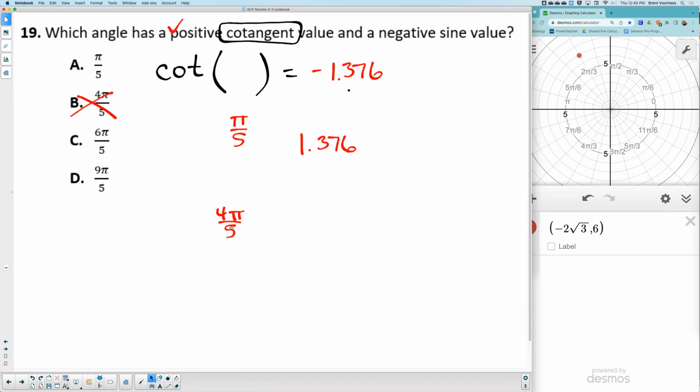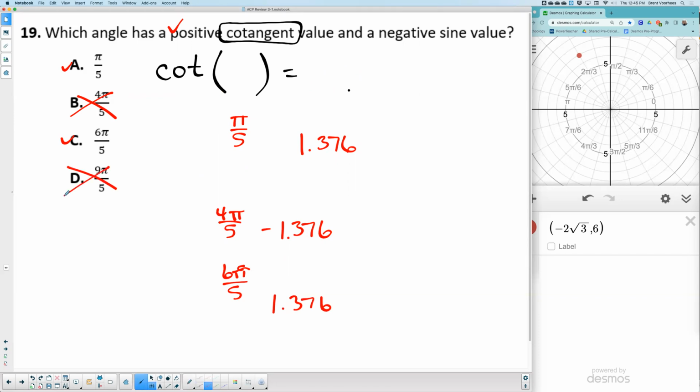Okay, what if we tried C, 6 pi over 5? What did you get? Good or bad? Good, so C is still in the running. These two are possibles. And then D, negative 1.376, so is D any good? No, and so now you can just go and try sine.